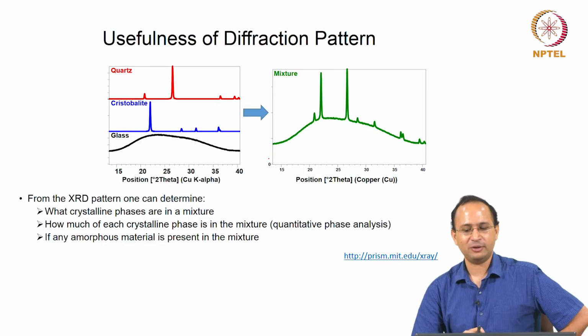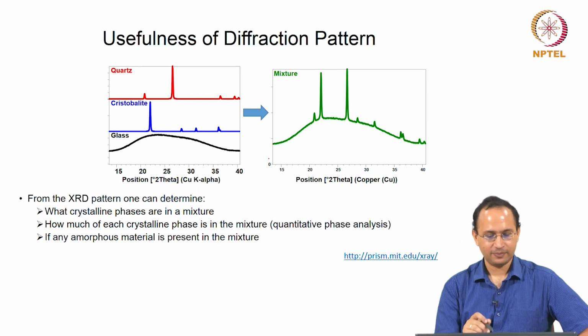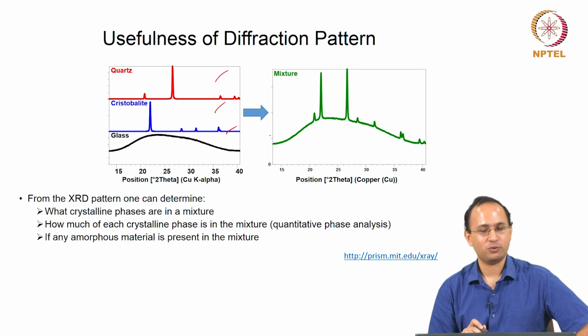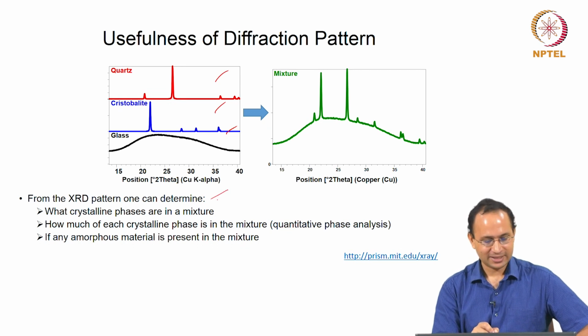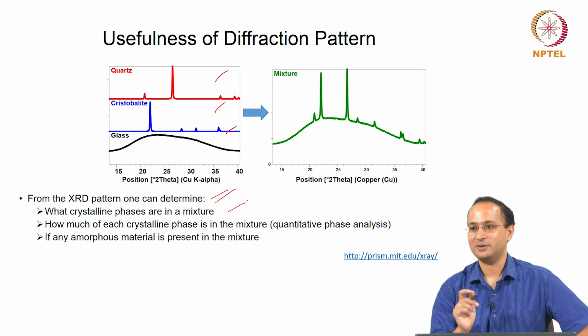So what is the usefulness of a diffraction pattern? We saw this. You may have a mixture of crystalline and amorphous phases. In this case, when you mix quartz, cristobalite and glass, you will get this type of X-ray diffraction pattern, because it will have a contribution from the amorphous phase and also from the crystalline phases. From the XRD pattern one can determine what crystalline phases are in the mixture, because you can do that through peak search, finding which phase corresponds to which peaks.